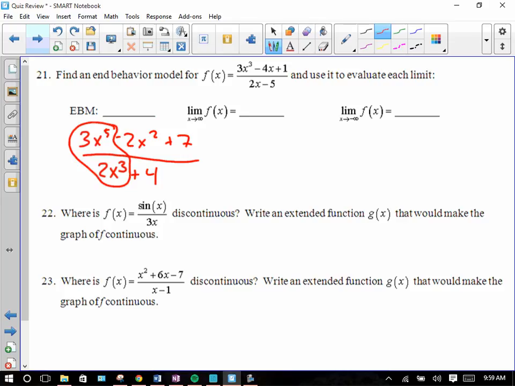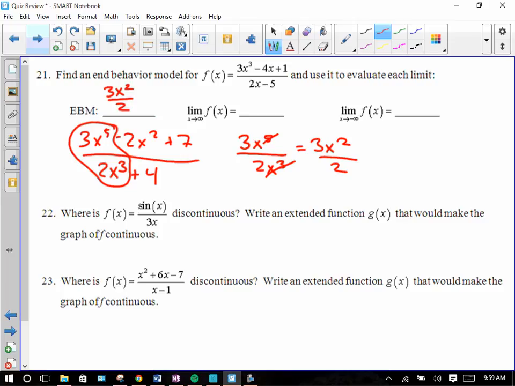There's no horizontal asymptote, but it's asking about end behavior. The 3x to the 5th over 2x cubed comes out to 3x squared over 2. So my end behavior model will be 3x squared over 2.